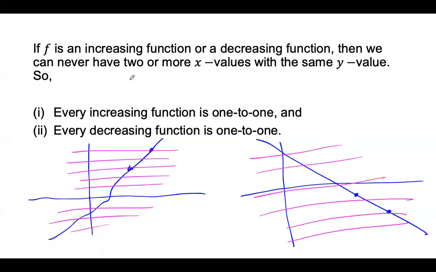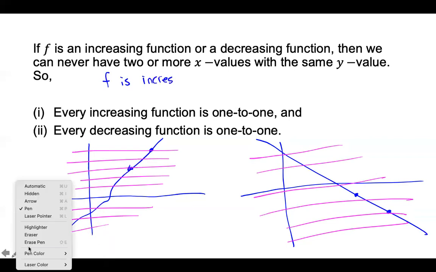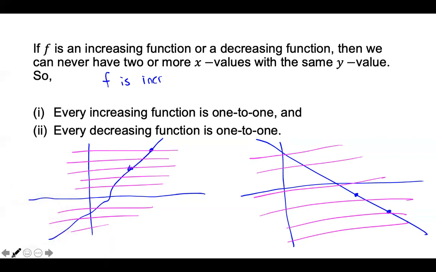So what does this mean? If f is increasing or decreasing everywhere, so on the entire domain, this implies, of course, that f is a 1 to 1 function.